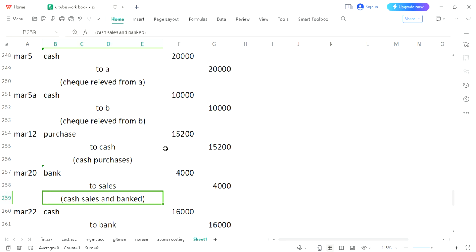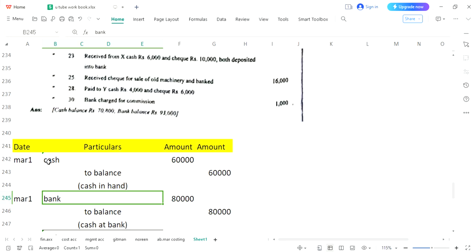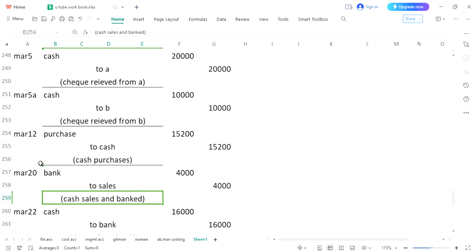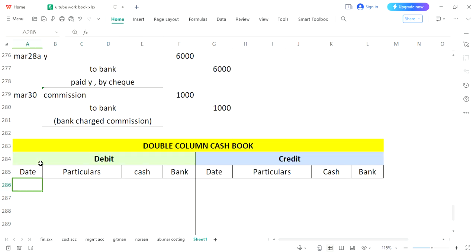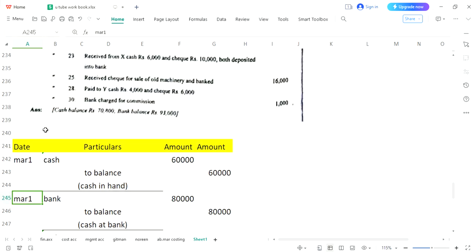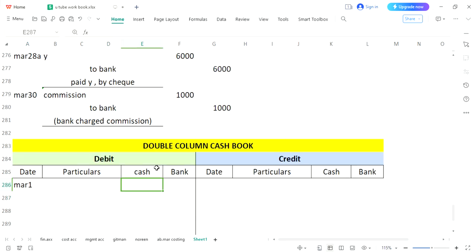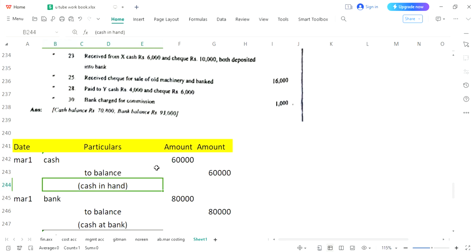Let's start. We have our first entry, cash is on the debit side, March 1. First we will put the date, debit side March 1. As you can see, cash is debit 60,000. We will put the amount first, 60,000, and you can see what is written on the opposite side, to balance.